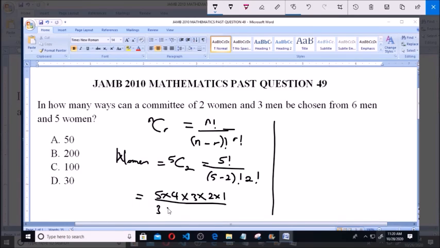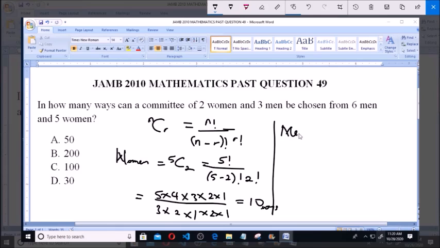So that's 3 times 2 times 1, then times 2 factorial, so times 2 times 1, and if you do this, it will give you 10. So you can pick 2 women out of 5 women in 10 ways, and this is for women.